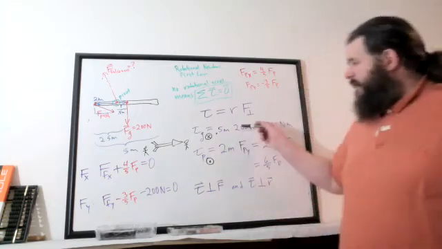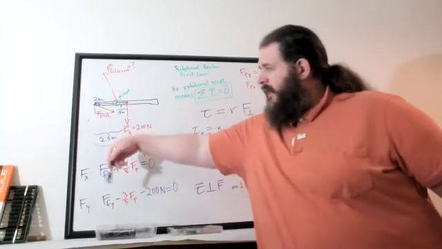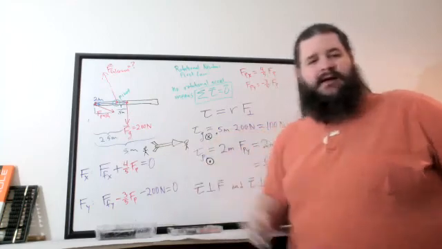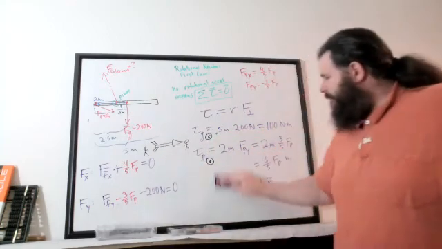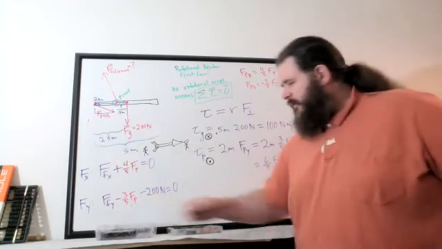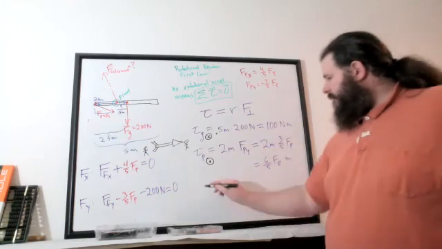And so those torques are in opposite directions, which makes sense because one of them is trying to make the object rotate this way. The other one is trying to make the object rotate this way. So we can just treat one of them as positive and the other one as negative, which is good because we want them to add up to 0. So we've got torque from gravity.